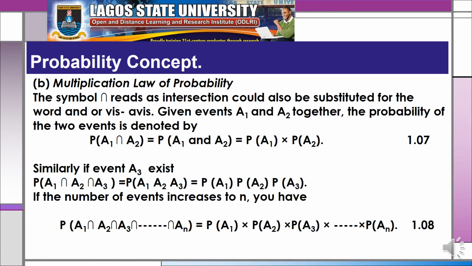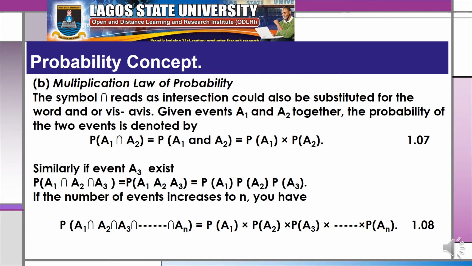Multiplication law of probability. The symbol intersection could be substituted for the word and, or vis-a-vis. Given events A and B together, the probability of the two events is denoted by P of A1 intersection P of A2.